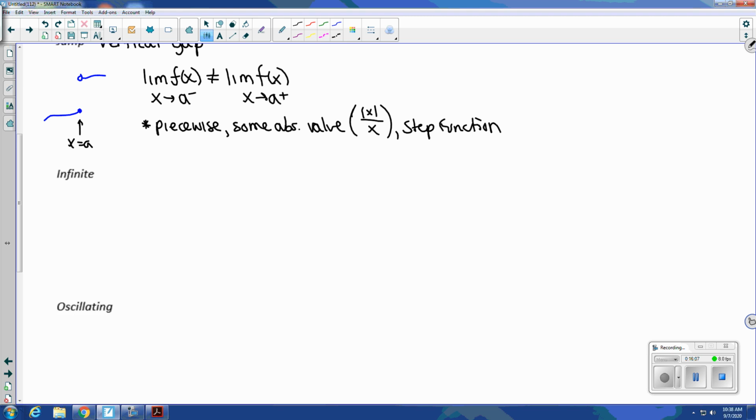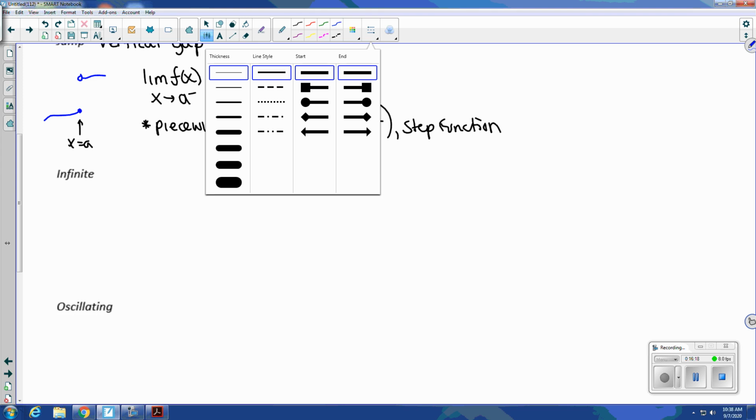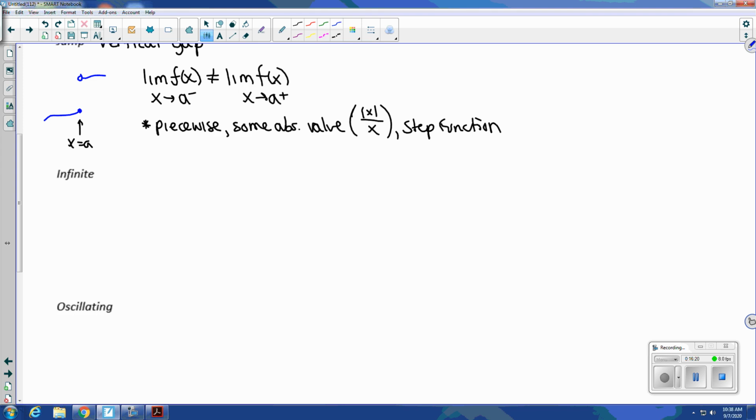The infinite discontinuity will look something like this. There are several iterations of this, but let's say we're at some point x equals A, and as we approach A, the function goes off towards infinity. Again, it could go towards negative infinity, maybe one side's going down, one side's going up.